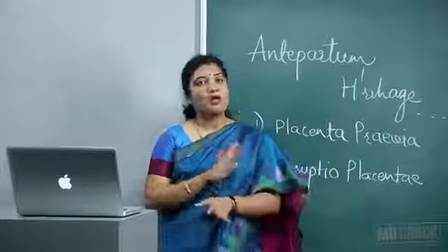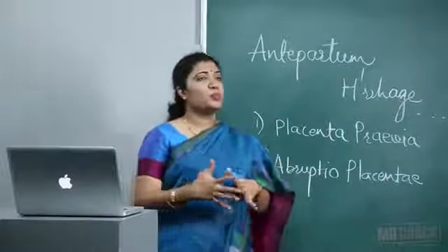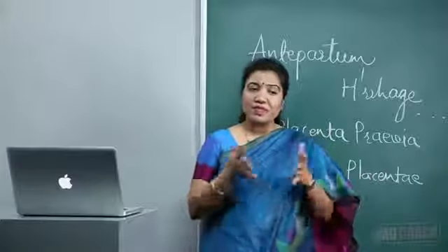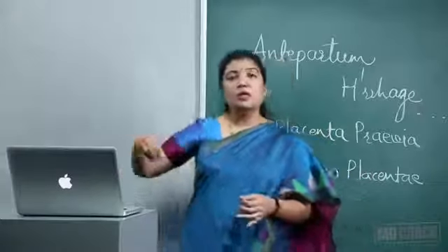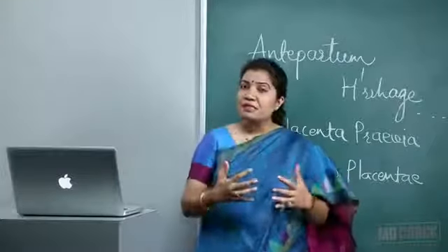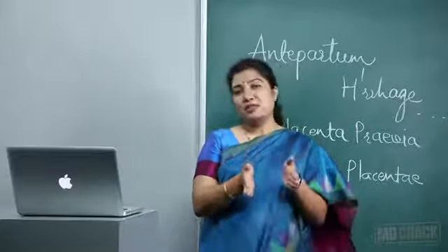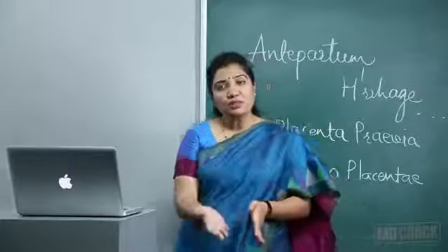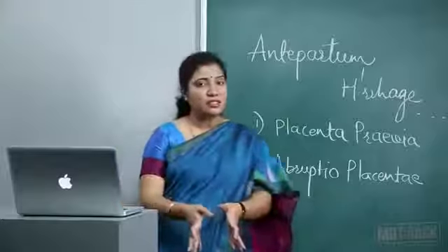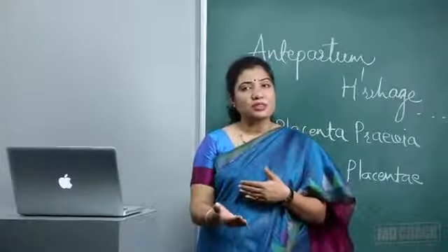Abruption: sudden uterine decompression. Suppose the patient has polyhydramnios, the cavity is distended with lots of liquor, the membranes rupture, liquor suddenly drains out, the placenta will get separated because the uterine cavity shrinks in size. Or in twins, the first baby delivers, suddenly the uterine size decreases, that leads to placental separation.